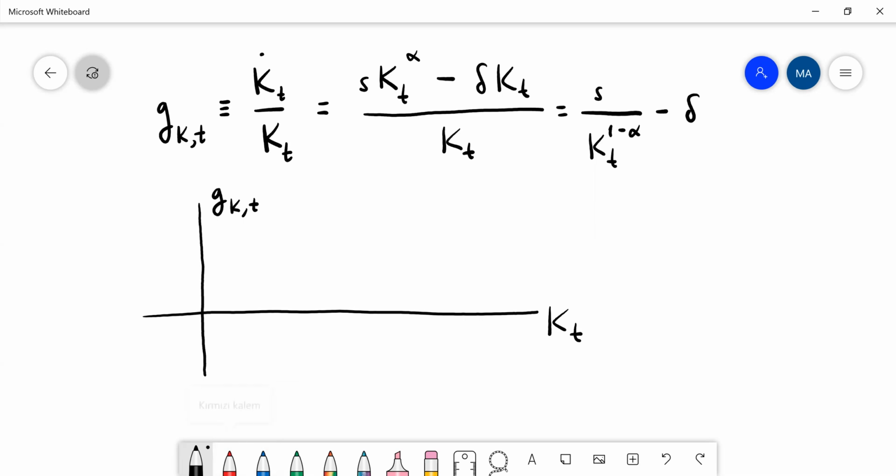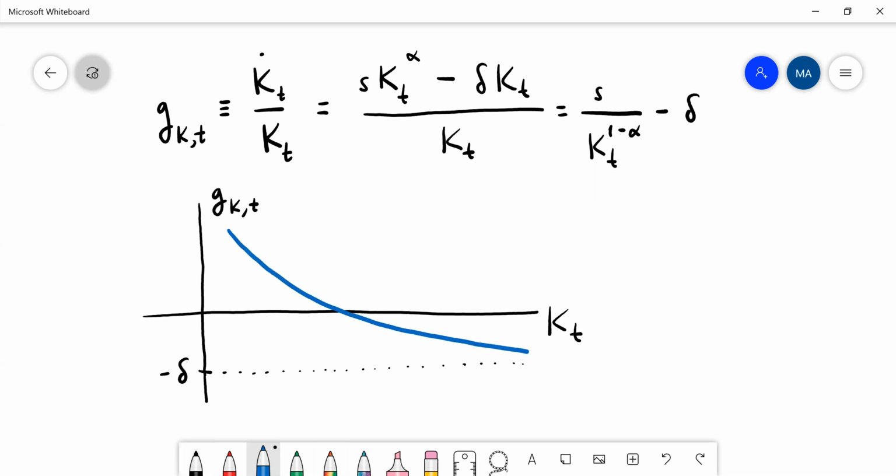I can draw, suppose that this is minus delta, right? What I have is this. Because there is this minus delta here, if I increase K_t, when K is getting larger and larger, this function will decrease, so the growth rate is going to decrease, and it will converge to minus delta if I keep increasing K_t, right?